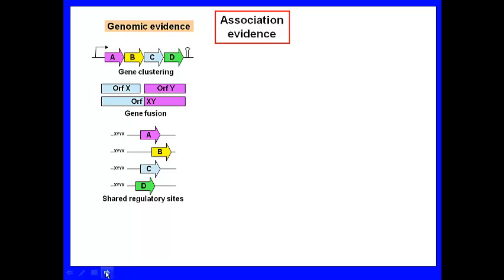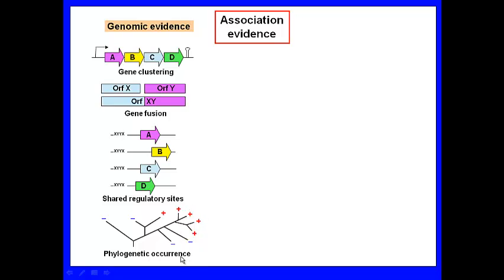Lastly, you have phylogenetic occurrence, where, let's say we are thinking of a metabolic pathway, which is absent. This is meant to be a schematic phylogenetic tree. The pathway is absent in certain organisms and present in others. It should follow that all the genes for the pathway will be present in this organism and all the genes will be absent in this organism.